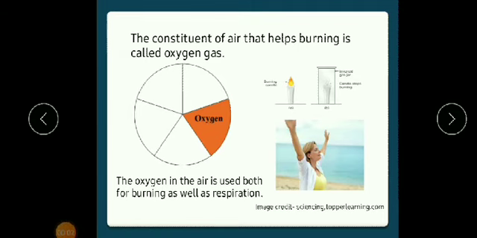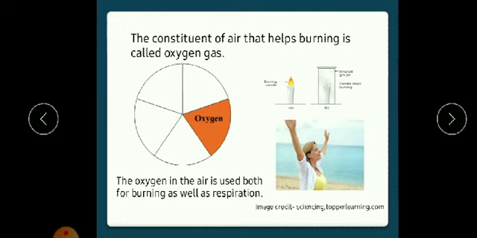Children, the constituent of air that helps burning is called oxygen gas. The Earth's atmosphere is made of air. The circle in this picture shows all the air in the atmosphere. If we divide the circle into 5 equal parts, then the oxygen in the air will be equal to one of the parts.